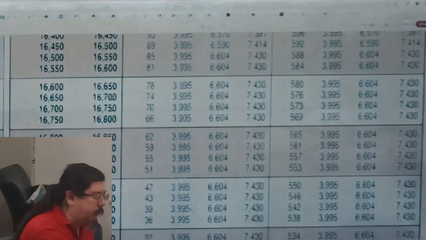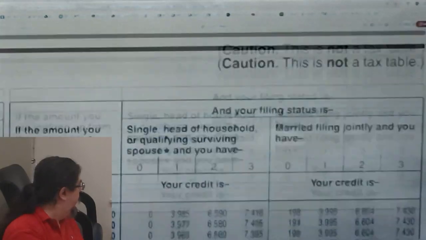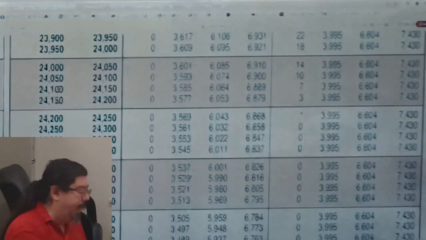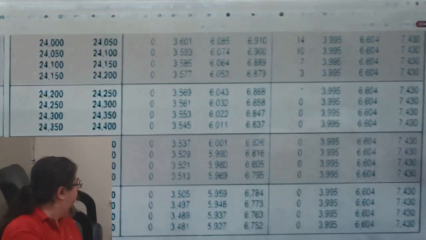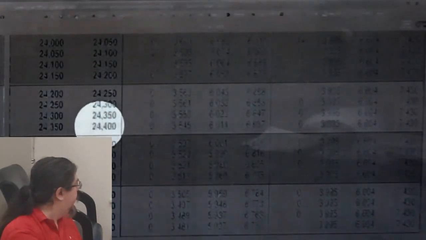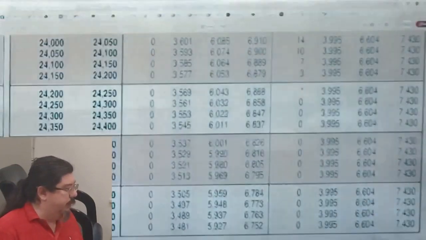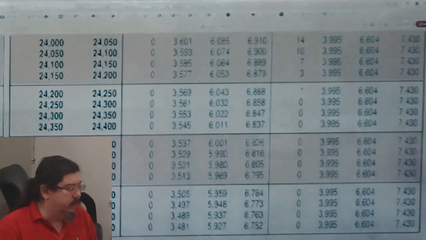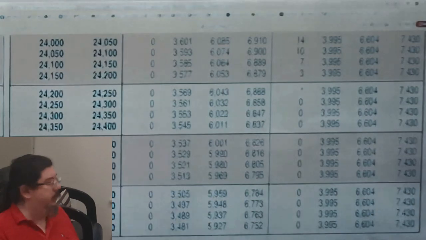But then, because his AGI is more, we're going to look for $24,355, which is more than 24,350 and less than 24,400. First section, second column: 3,545. And then the smaller of those two is 3,545, and that is his credit.